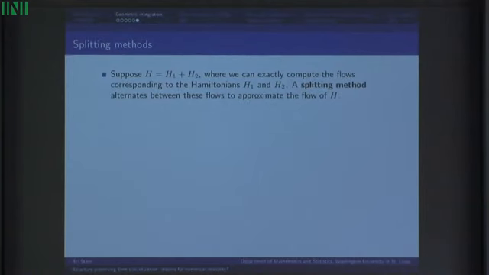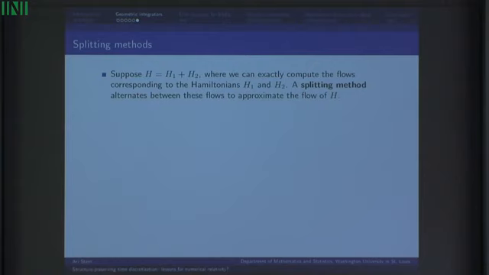Okay, so there's another family of methods that are a natural generalization of symplectic Euler and Störmer-Verlet. Suppose we have a Hamiltonian, H, that we can write as the sum of two other Hamiltonians.